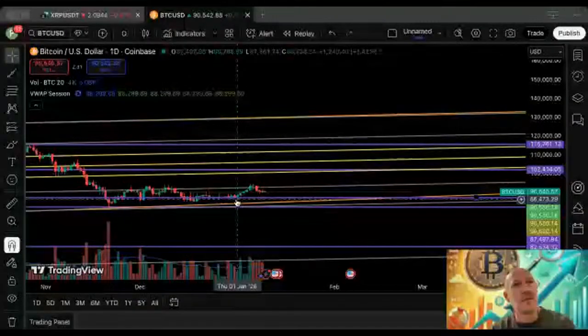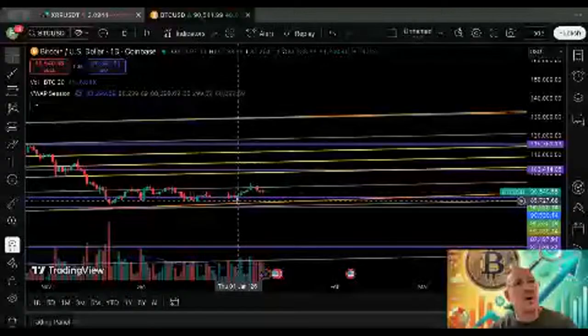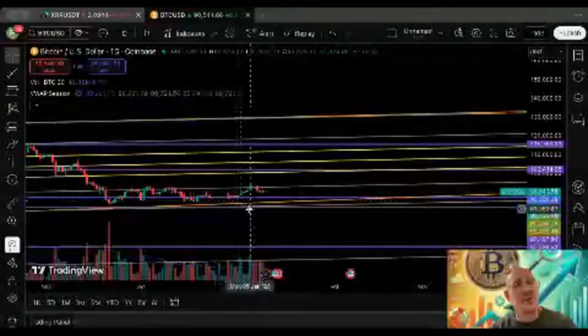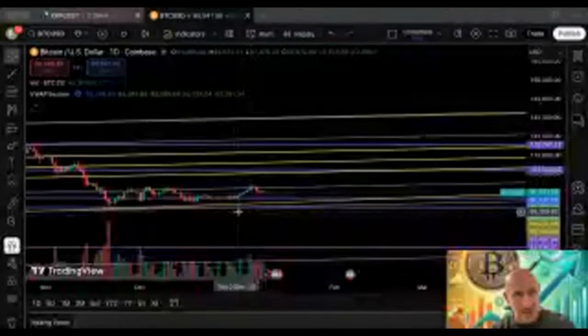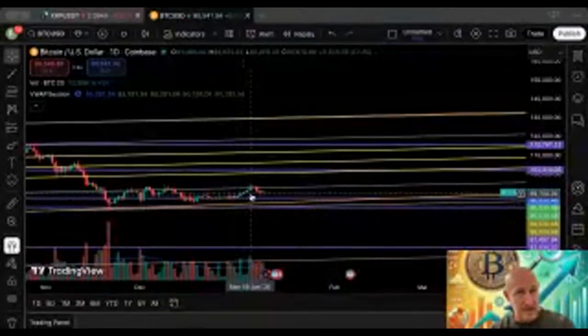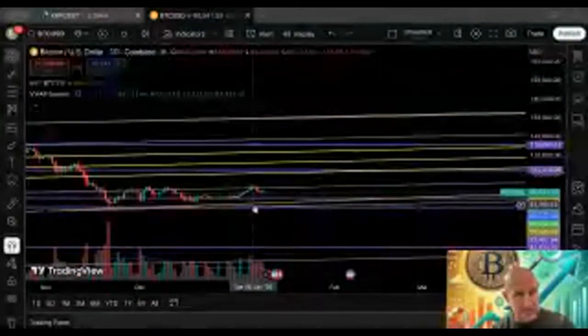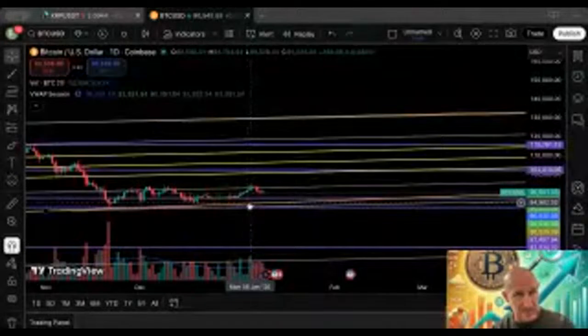So like right here, if you saw 1, 2, 3, 4, 5, 6 green days in a row, then a big day on this 6th day pushed through resistance. 7th day couldn't hold above it.